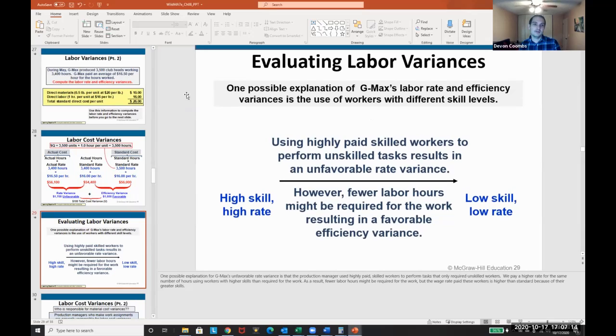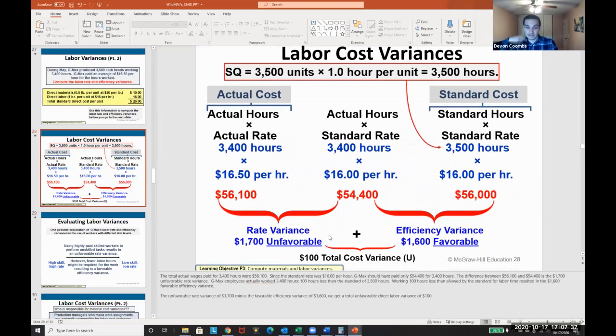But when we assess it, one possible explanation is different skill levels, right? A higher skill level, you pay more, but they work quicker. A lower skill level, you pay a lower rate, but they take a lot longer. And so that might be identified here. And if we just find out that we're paying someone who's more skilled, since the total cost variance comes out small, we might say that's fine.